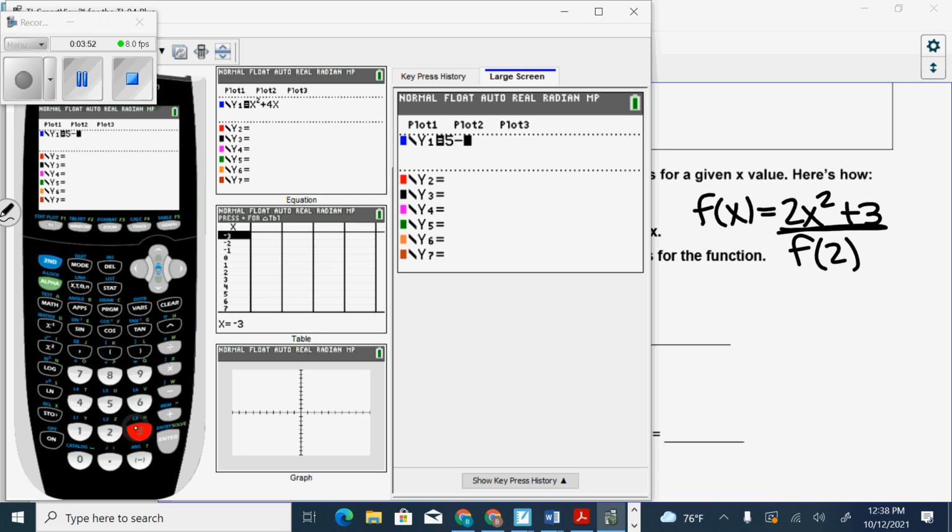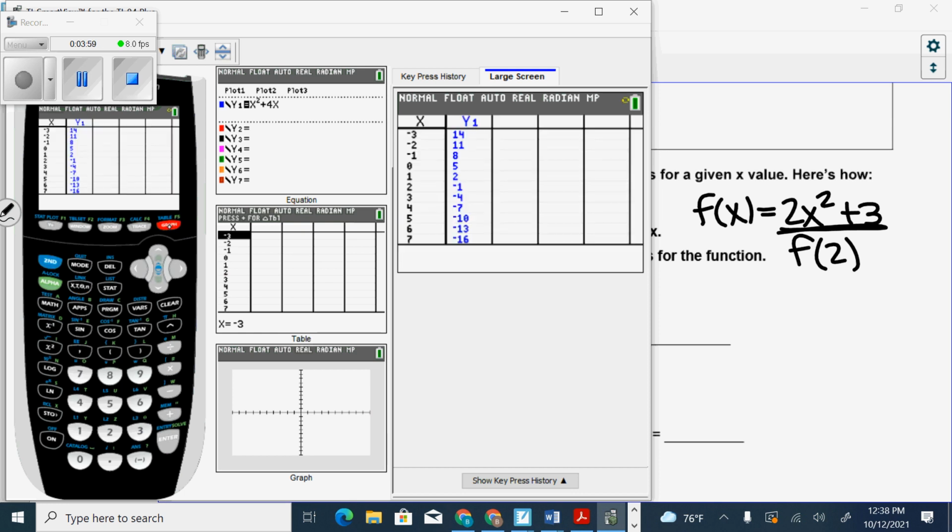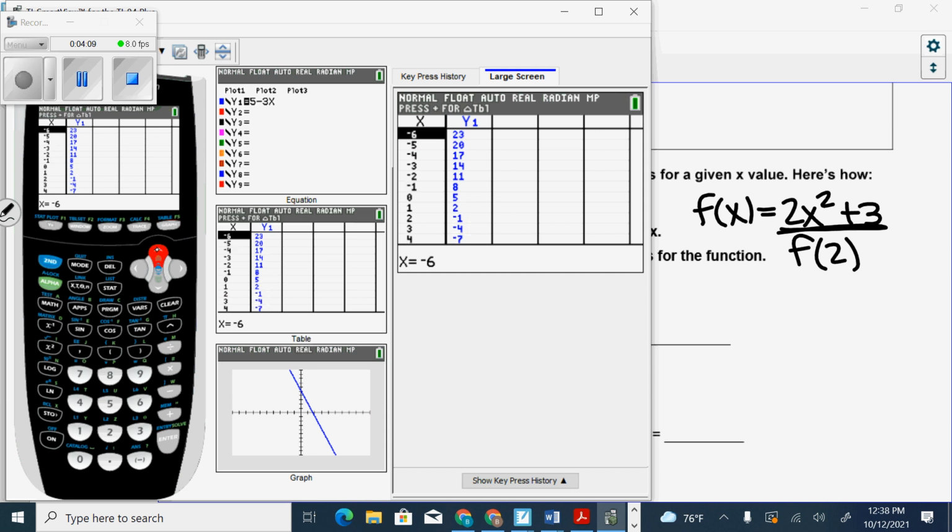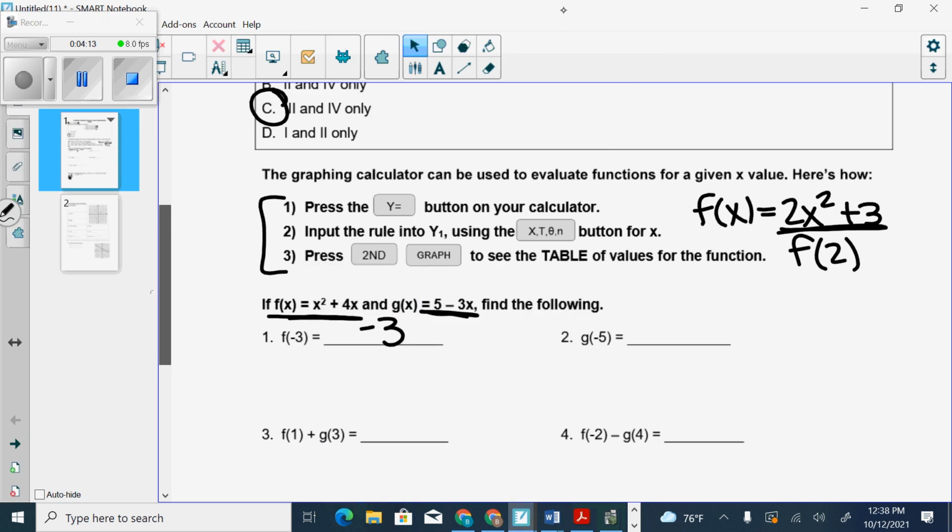Once I have that typed in, we just press second graph. Number 2 asks for g of what number? -5, so I'm going to scroll to where x is -5, and what is y when x is -5? 20. So there's my answer.